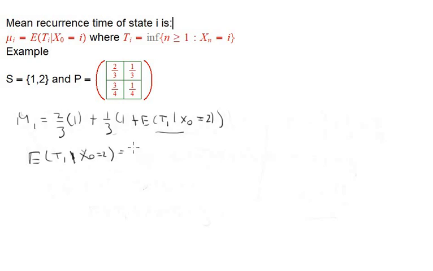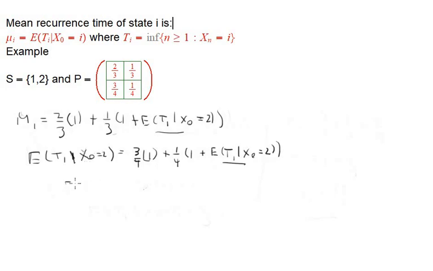So there's a 3/4 chance you only have to take one step. So 3/4 chance you have 1, but there's a 1/4 chance you take one step, but that leaves you in state 2. So you expect an amount of time again to get to state 1, given that you're now initially starting in state 2. So you can solve for this value.